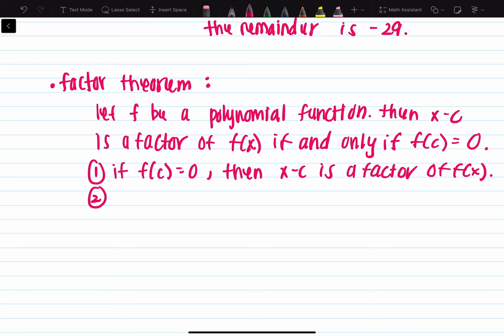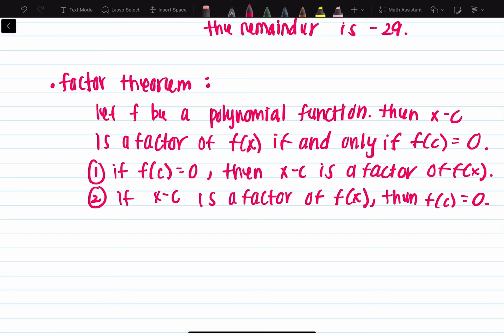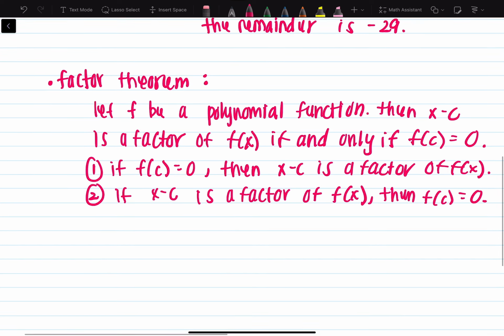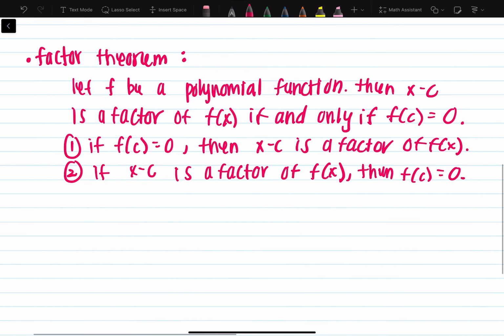Now, the other direction of our if and only if statement tells us this: if x minus c is a factor of f of x, then f of c is equal to 0. Okay, so that's what if and only if statements pretty much tell you. They go in both directions.